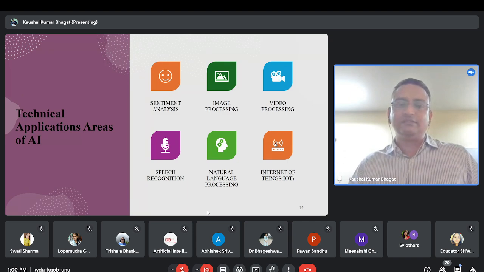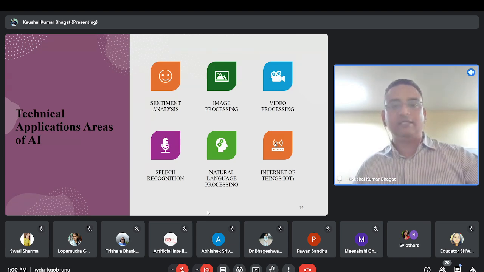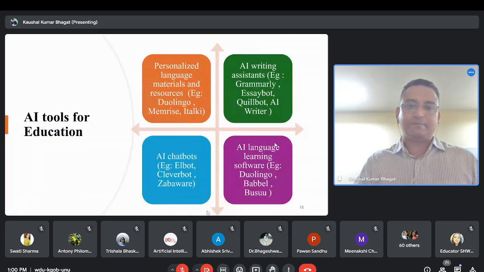So artificial intelligence could be implemented there. Speech recognition basically translates, even if you are using your own English language, how it can be converted into different languages, right? And Internet of Things, other technical application areas are there.